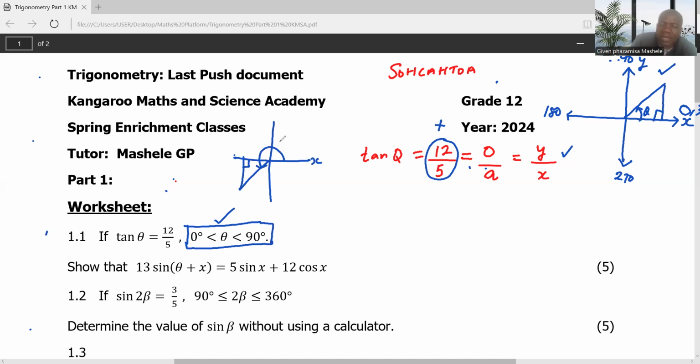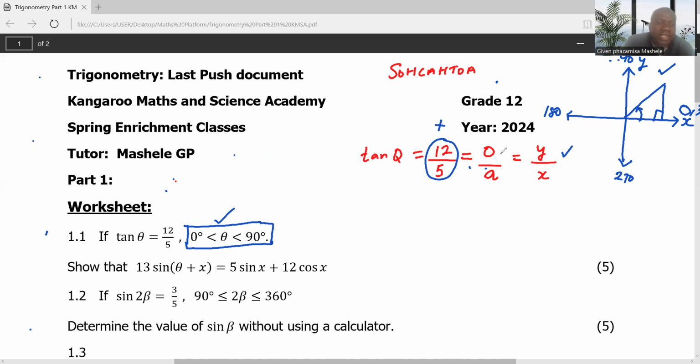So this will be our angle. But because of the condition, we're not going to draw it in the third quadrant, because the condition says theta should be between 0 and 90. So our right angle triangle should be in the first quadrant, because of this condition. And besides, our answer is positive.